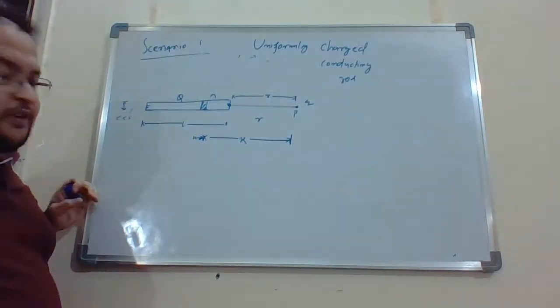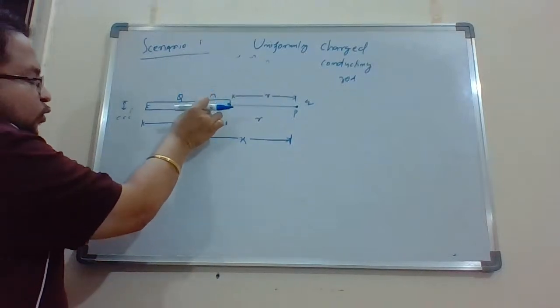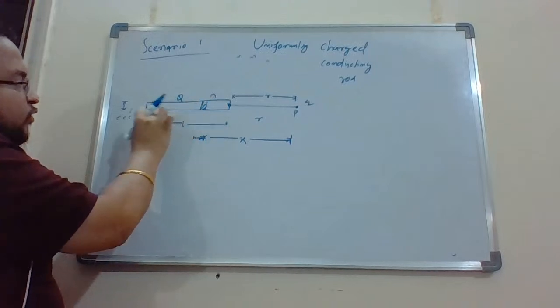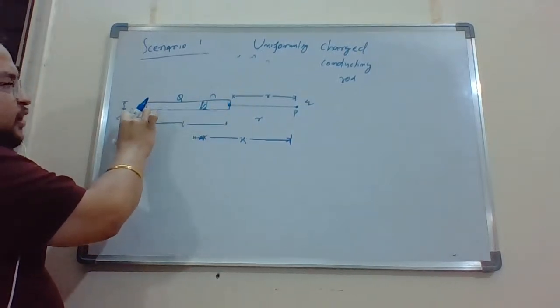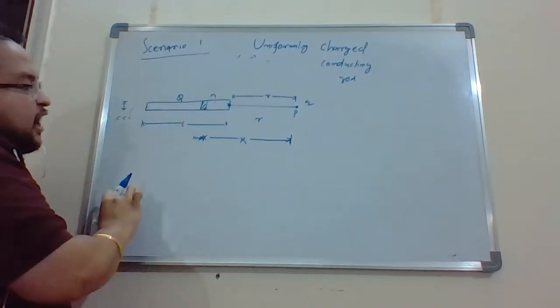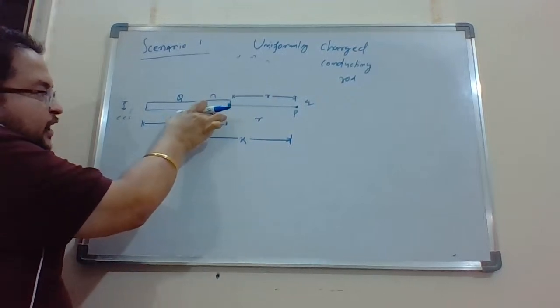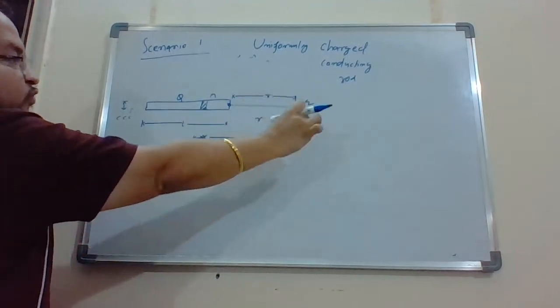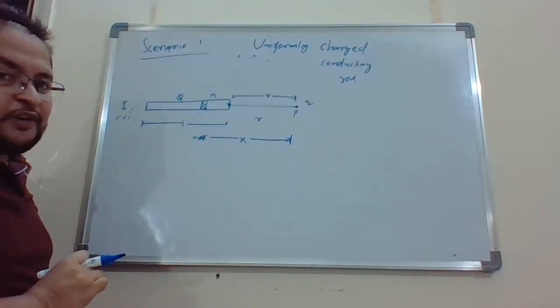Another reason why we should be selecting this is when I integrate this interval from lower limit to upper limit, it completes the entire object for which I want to find out the total electric field intensity.